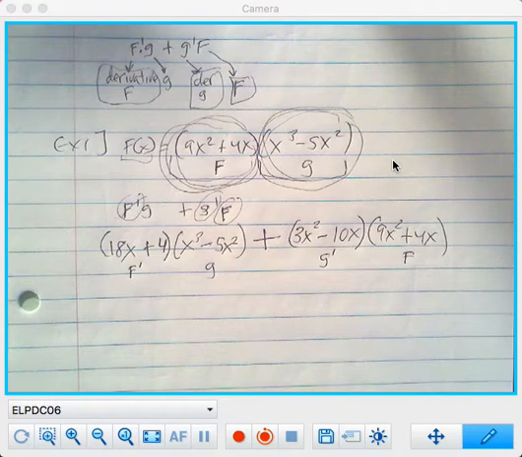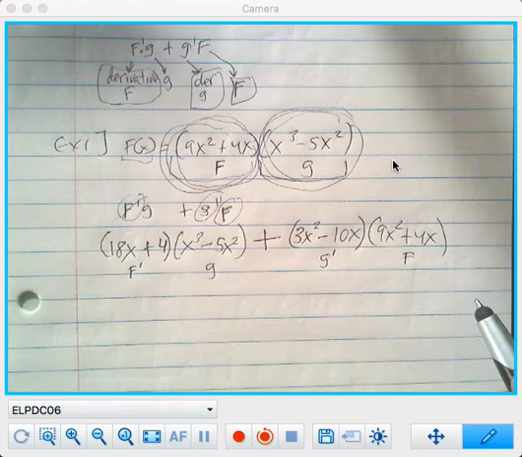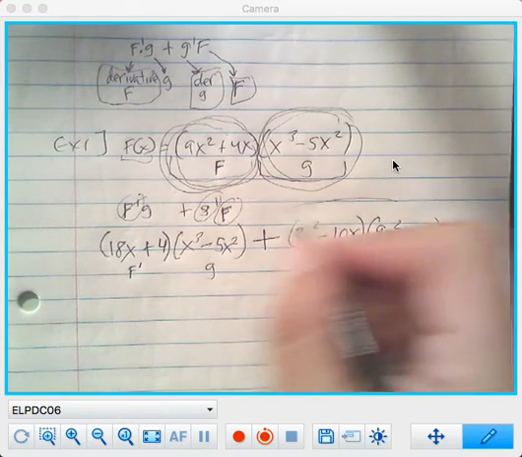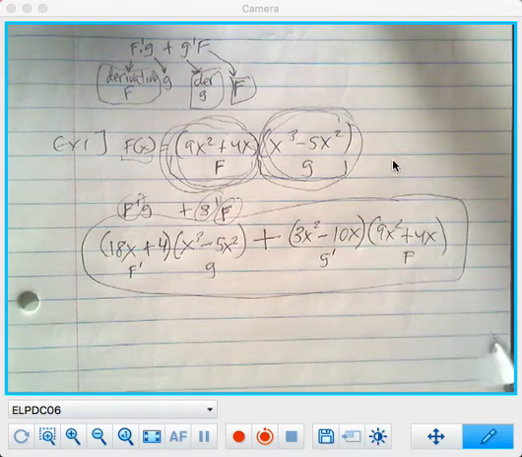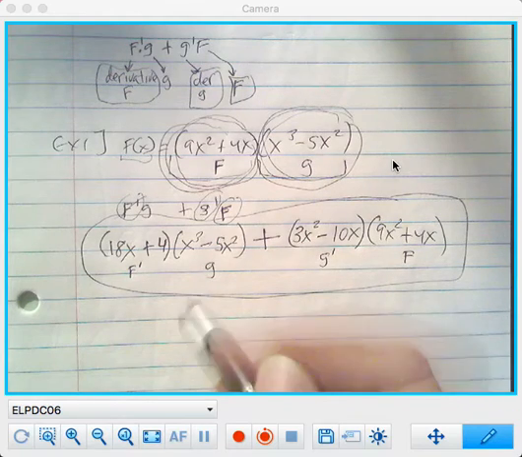Once you have that, I'm just going to ask you guys to leave it like this. So this is going to be your answer. The other thing we can do is simplify, but I already know you guys can multiply.